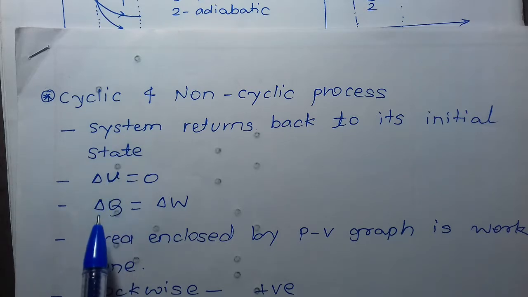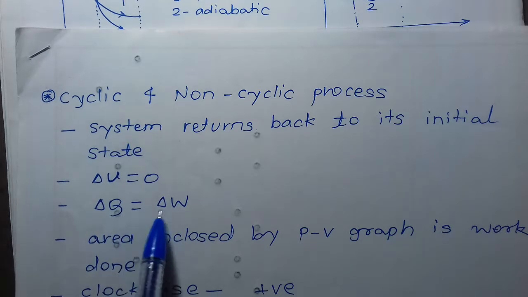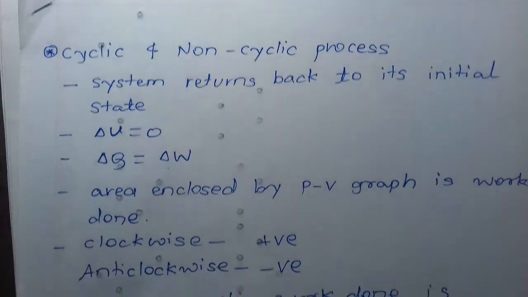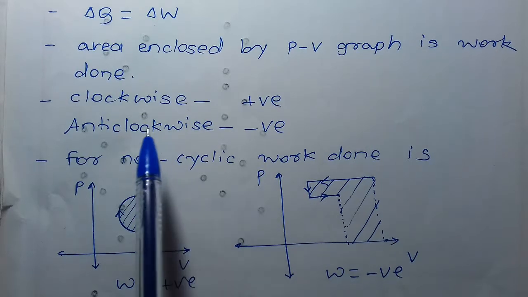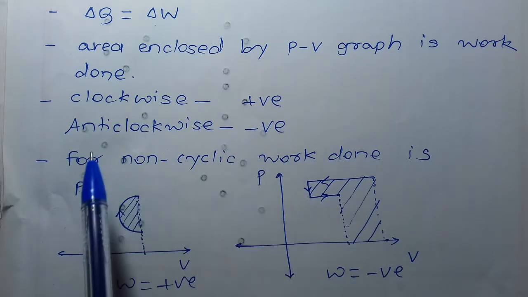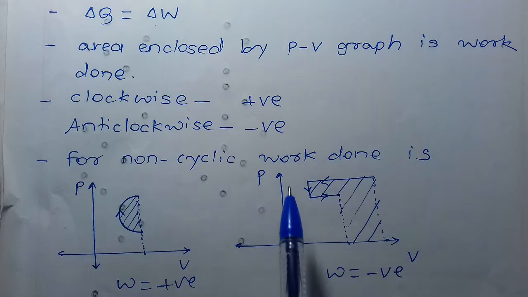Therefore, change in internal energy is 0. So, as per the first law, delta Q is equal to delta W. Then, the area enclosed by the PV graph is the work done. If the process is clockwise, then work done is positive. If the process is anti-clockwise, then work done is negative.